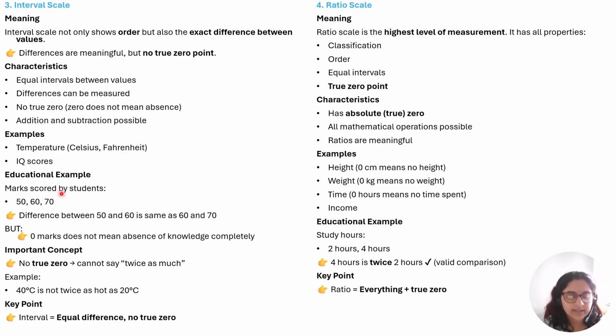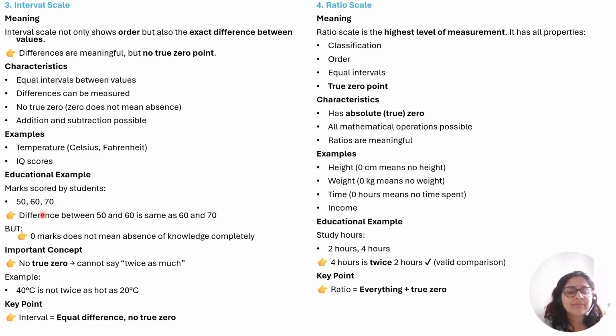Example: marks scored by students. A particular student has scored 50 marks, 60 marks and 70 marks. The difference between 50 and 60 is 10 and the difference between 60 and 70 is 10. As we have seen, equal intervals are present between the values.